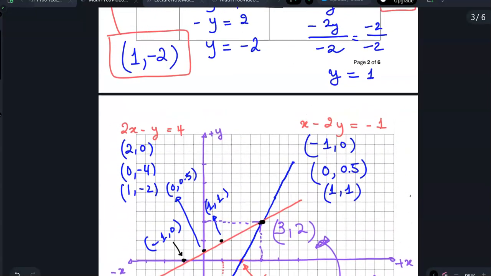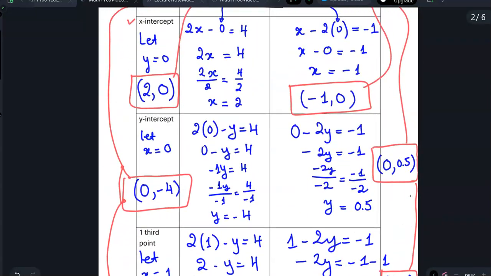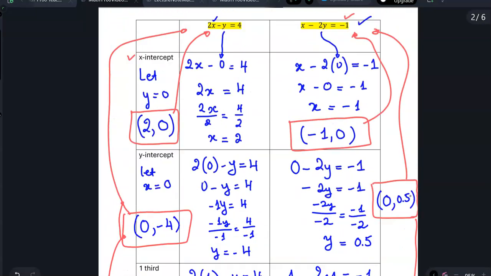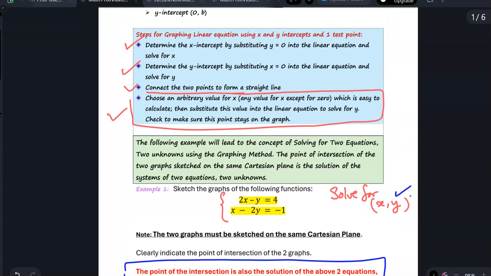And then what you need to do is you need to sketch the graph using the concept of x and y intercept, and one test point.